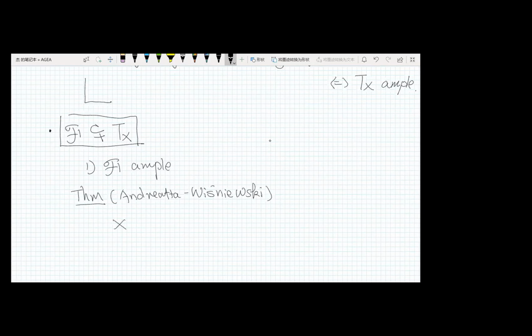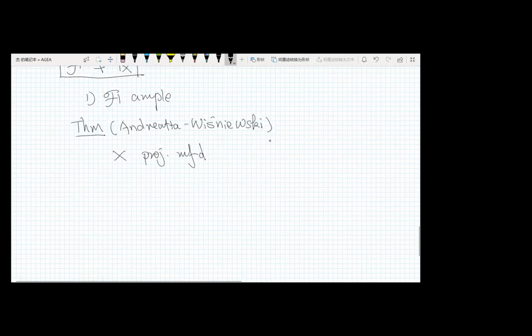So you consider X to be a projective manifold, and such that you can find the subsheaf F in the tangent bundle, which is ample, locally free.